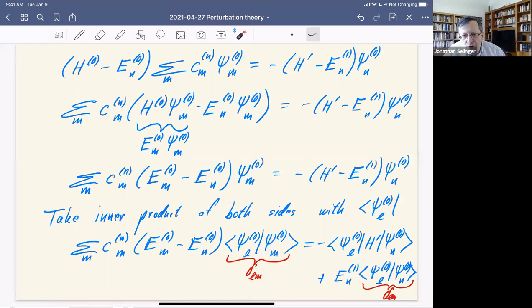You know the story, we've been doing it all semester: when you have a sum like that, only one term in the sum is non-zero, when M equals L. All the other terms are zero, so we only need to write down the M equals L term. Let's do that. I better copy and paste again, otherwise I'm going to forget something.